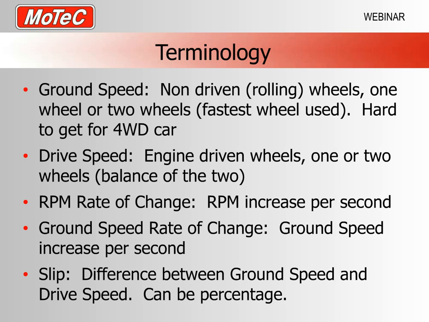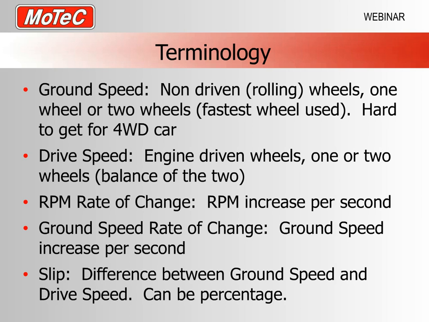We have a couple of other options with our 100 series ECU and M84 ECU, in that we can do traction control based on the RPM rate of change or the ground speed rate of change. This can come into effect on things like four-wheel drive cars, like I was saying before, where ground speed is actually hard to measure, and in a four-wheel drive car that ground speed would be a driven wheel as well.